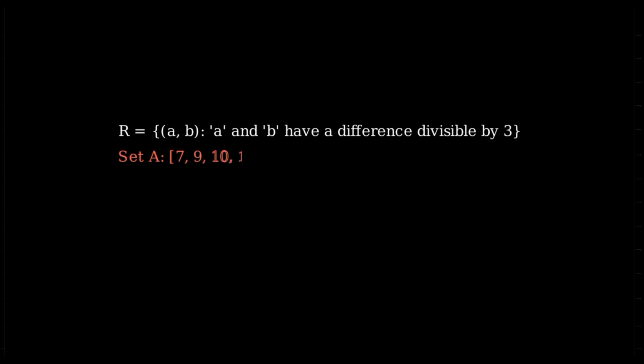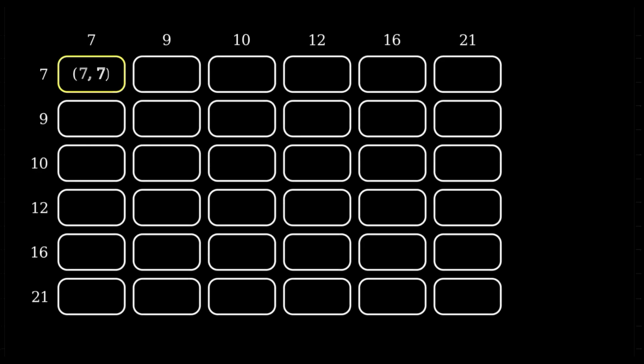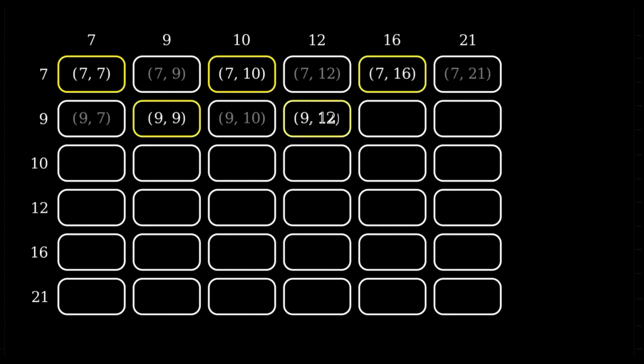Let's look at all the possible pairs and try to figure out what exactly is transitive. You have to observe the numbers and check if the relationship holds good. It is divisible by 3.